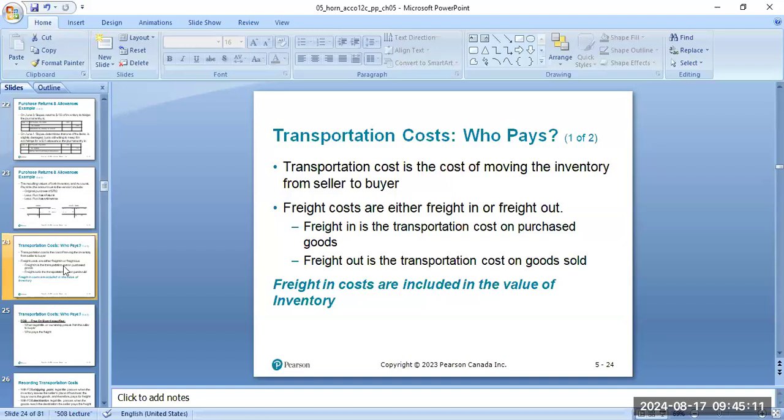That will be our freight out. Again, freight in is when we're purchasing, freight out is when we sell. Freight in costs are included in the value of the inventory. So every time we pay freight when we're purchasing, we're just adjusting our inventory cost.